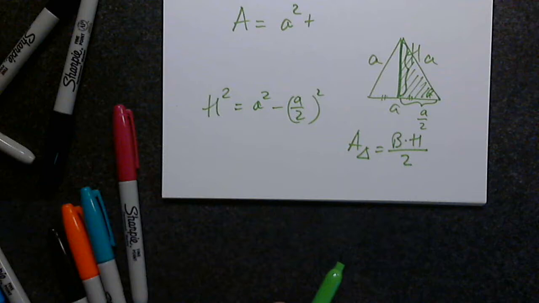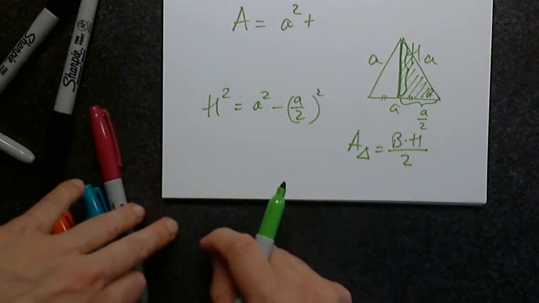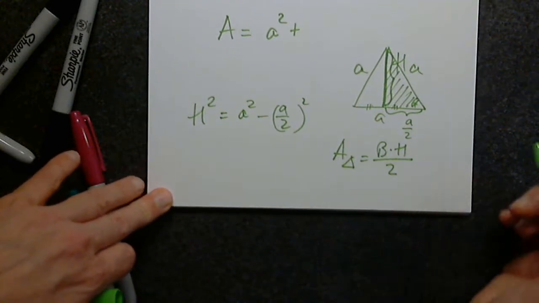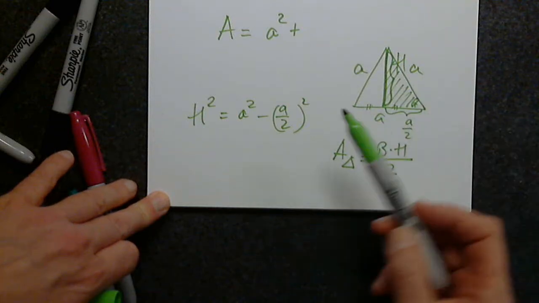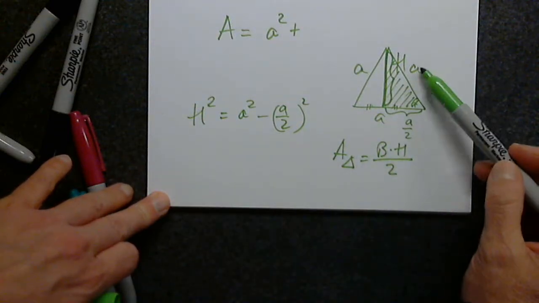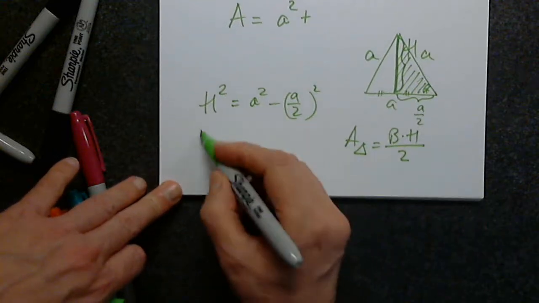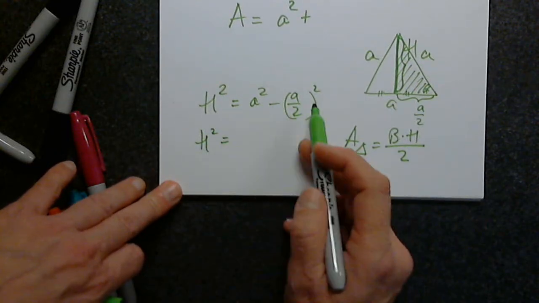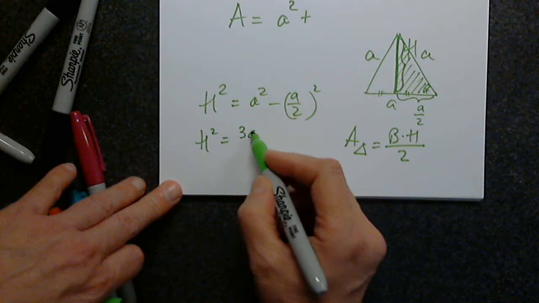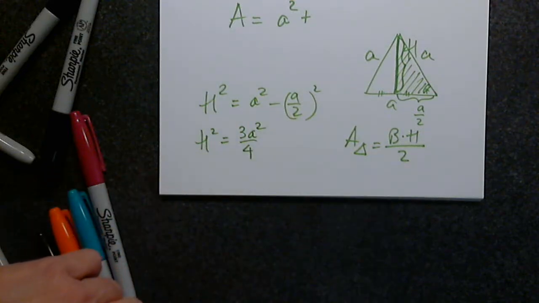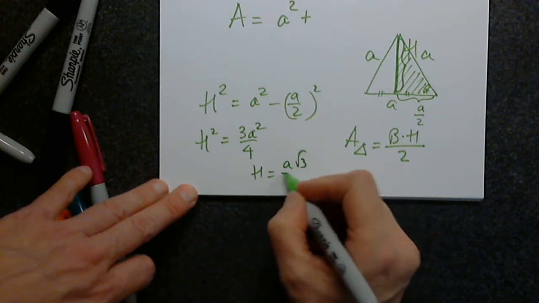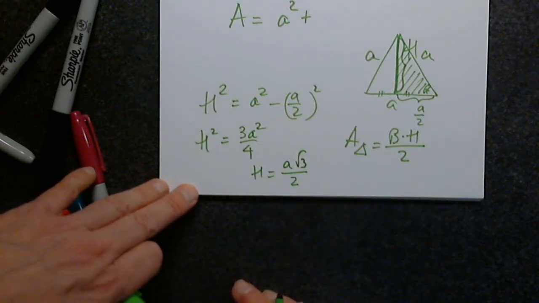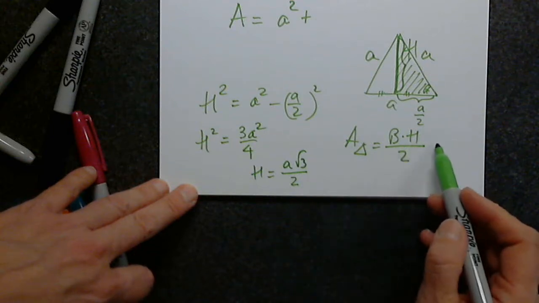Or you use sine of 60 degrees, same thing. Should I say it again? Yeah, I use the Pythagorean Theorem. So this squared equals this squared plus this squared, and I already solved for h. So it's this squared minus this squared. So then we have h squared: A squared minus A squared over 4 is 3A squared over 4. So then the height must be A the square root of 3 over 2. And I'm going to replace it.